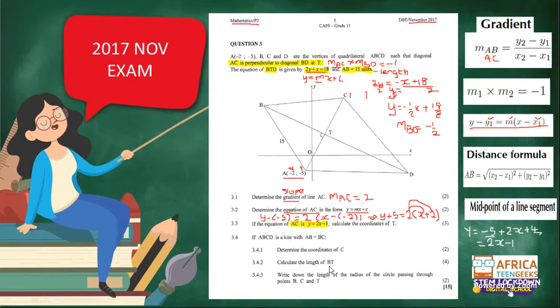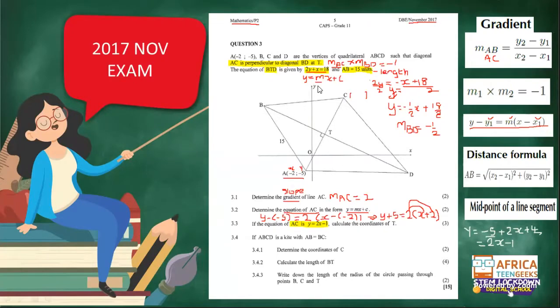It's a point of intersection. Okay, so you have BD intersecting with AC. So where 2 lines cross, you can say they're equal.